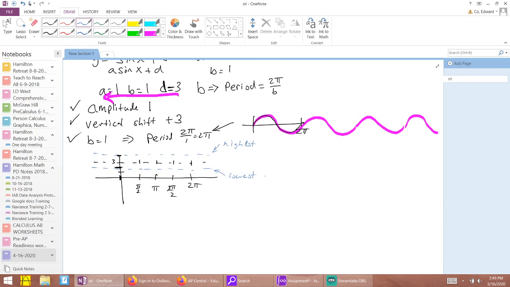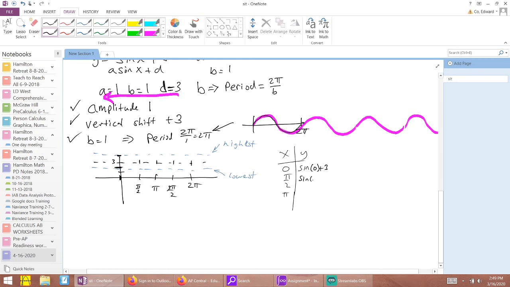Now, we could do the numbers. We could say when x is 0, pi over 2, and pi, we can plug in sine of x plus 3, sine of 0 plus 3, we could do that.